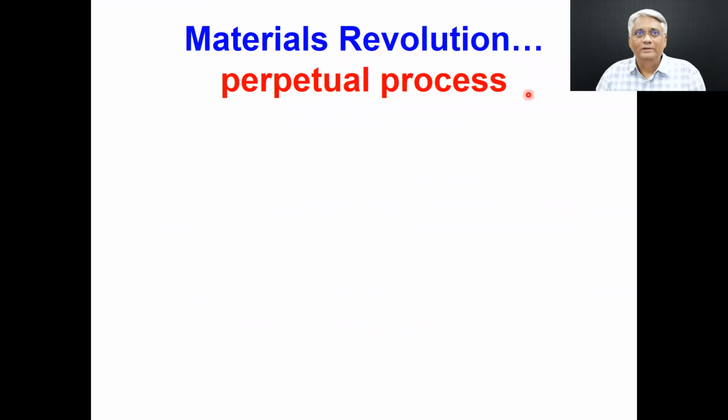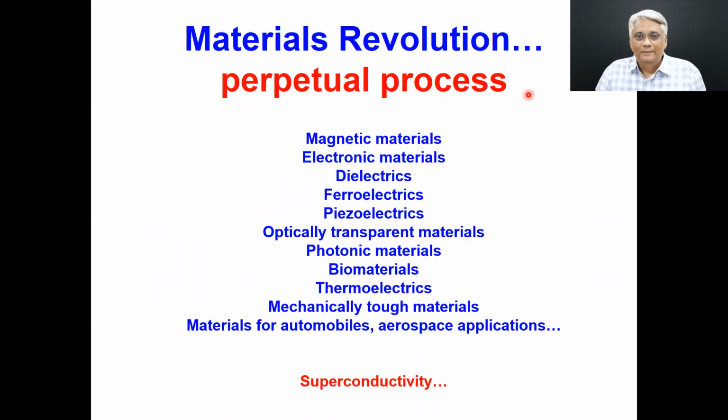Okay, if you look at the material revolution, this is a perpetual process. You have a large number of material systems. You have magnetic materials, you have electronic materials, materials giving rise to dielectric properties, ferroelectricity, piezoelectricity.